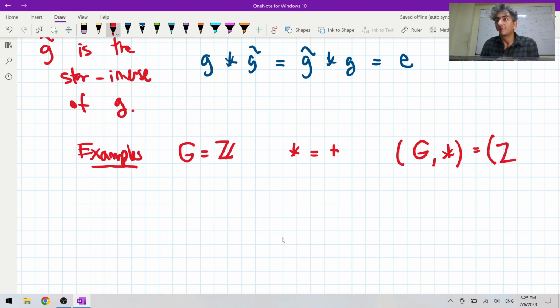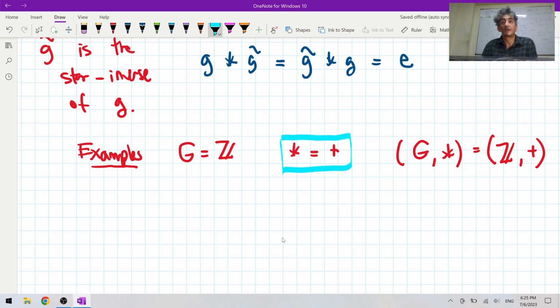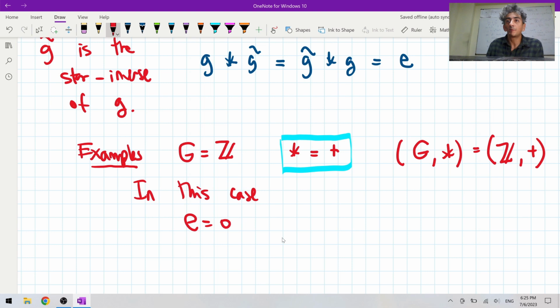In this case, it's Z with addition. Addition is obviously associative. In this case, the neutral element is 0, and the inverse for g is actually minus g. This is example 1.